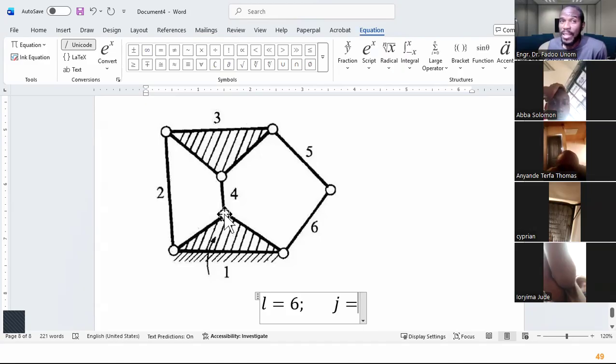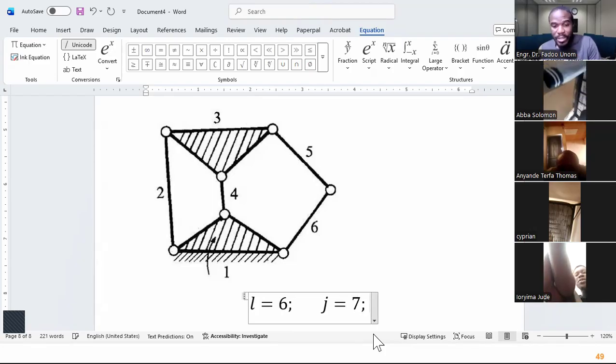This one is also a binary joint. That's the fifth one because it's connecting link 1 and link 4. This one here is the sixth binary joint. It's connecting link 1 and link 2. And then finally, this one here is the seventh binary joint because it's connecting link 2 and link 3. They are all binary joints. And so J is 7, right?